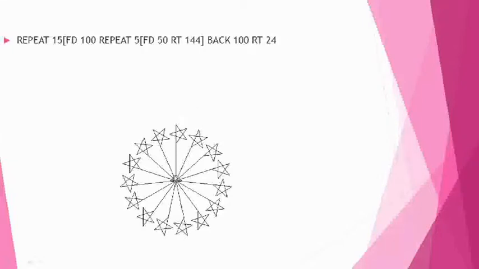Because if I go up and draw the star, my turtle will be up somewhere here. But I need to draw my next line from here. So the turtle needs to come back. Because of that, we have used BK 100. Now, if you draw in the same place, all will be together. So I need to turn my turtle a little bit. For turning, we have used RT 24.